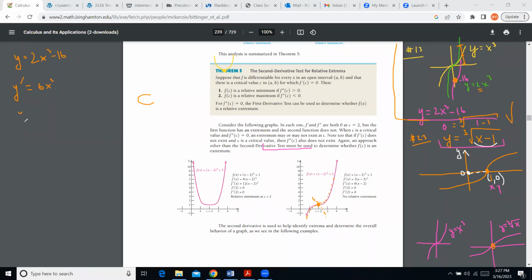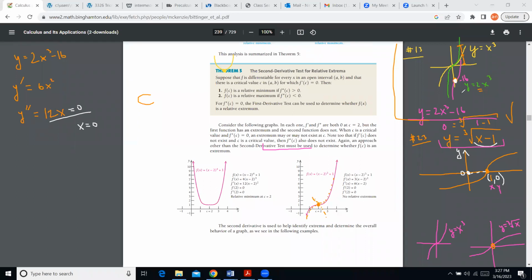And then if I find the derivative once again, the second derivative, we get 12x. And when I set it equal to 0, this equation has a solution, x is 0. And indeed, when x is equal to 0, we have an inflection.